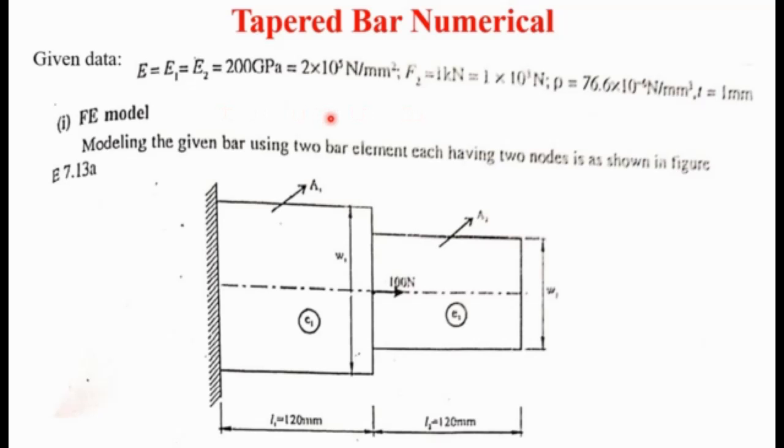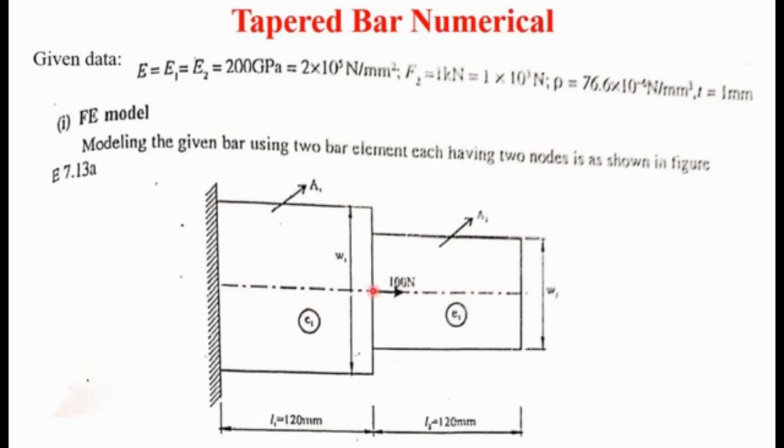Now the first step in this numerical is to model the elemental equation. So, modeling the given bar using 2 bar elements, each having 2 nodes as shown in the figure. Therefore this tapered bar is converted into a stepped bar having 2 elements. This is the first element, first step, and the second element having the second step.